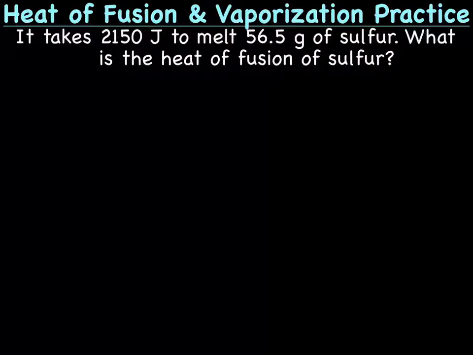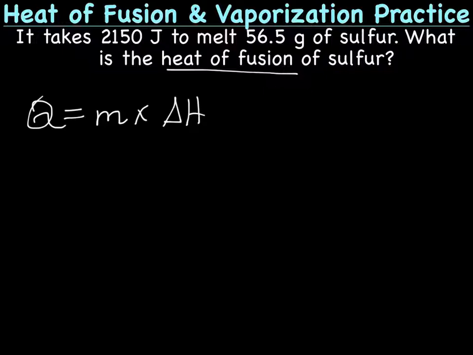All right, practice problem 2. If you can, why don't you hit pause, try to do this without me, and then hit play and see how it went. All right, so this time we are looking at heat of fusion. So we'll be using the formula Q, which is the amount of heat, equals the mass times the heat of fusion.